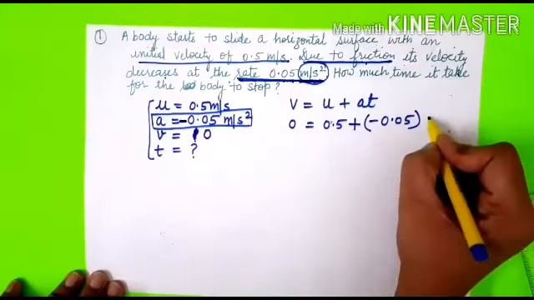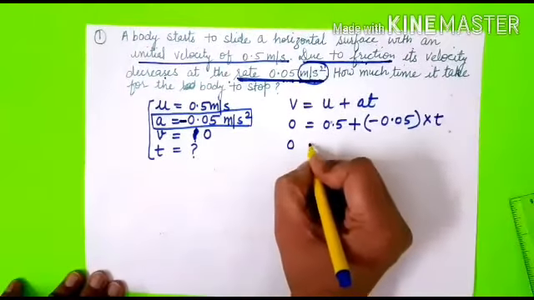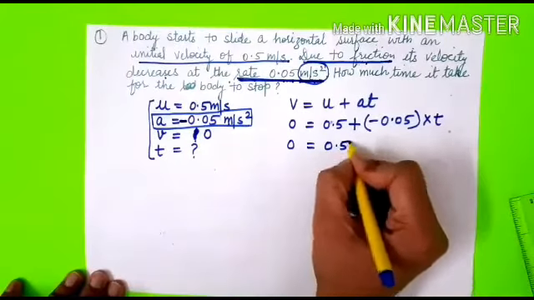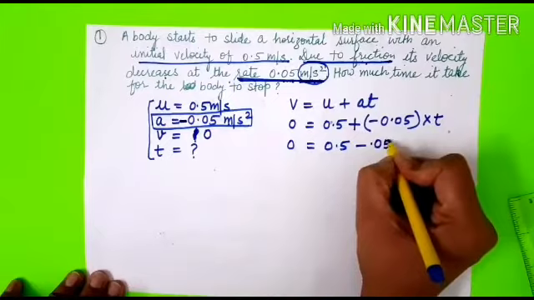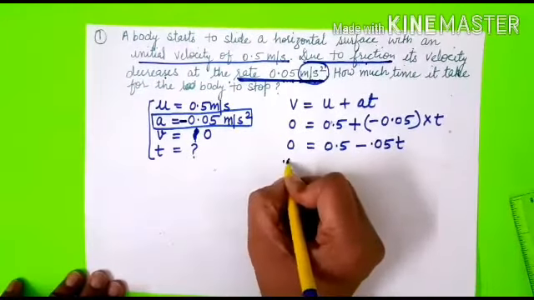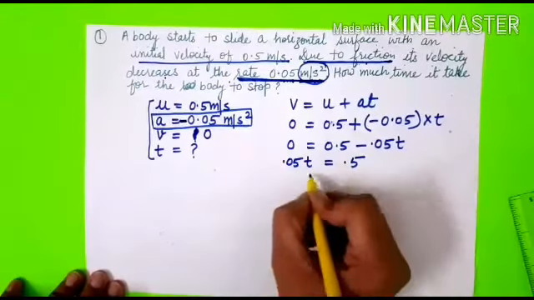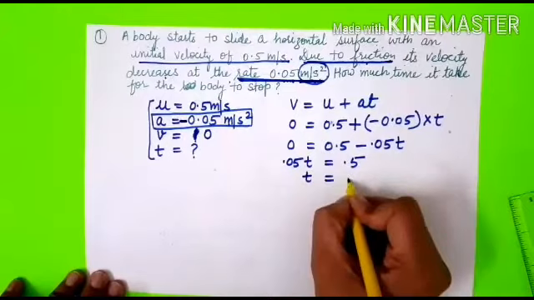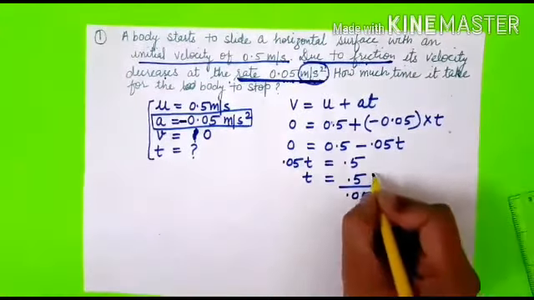So here U plus A minus 0.05, you have to calculate T. 0 is equal to 0.5 plus minus 0.05 T. Here 0.05 T is equal to 0.5. T is equal to 0.5 upon 0.05.